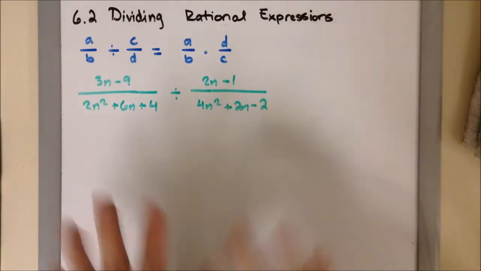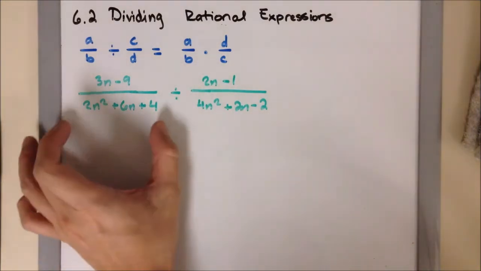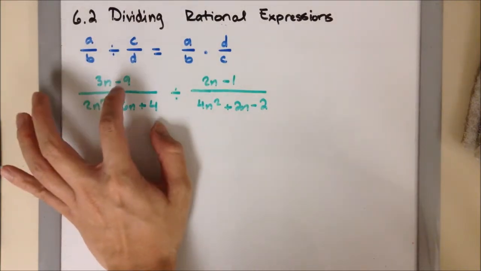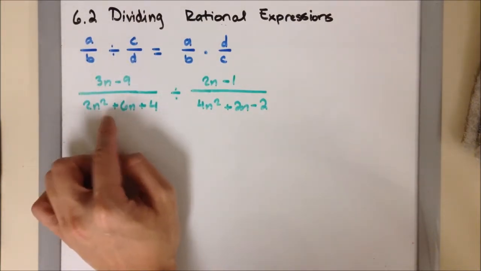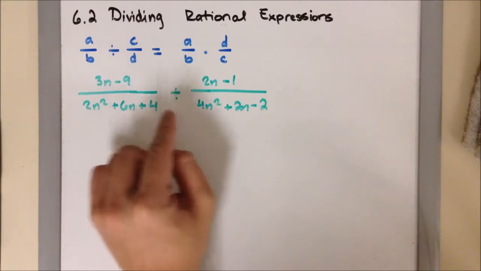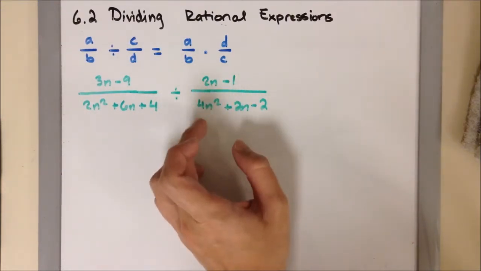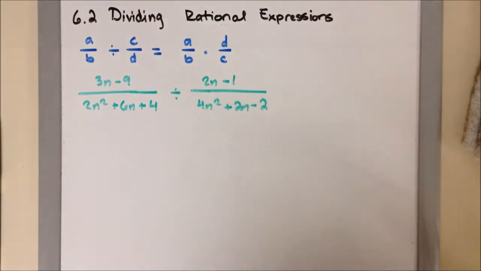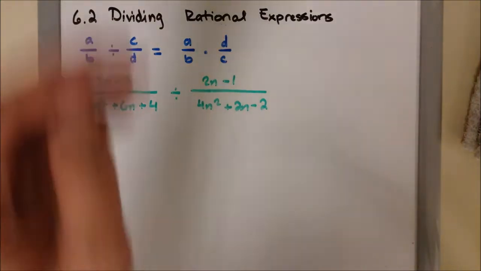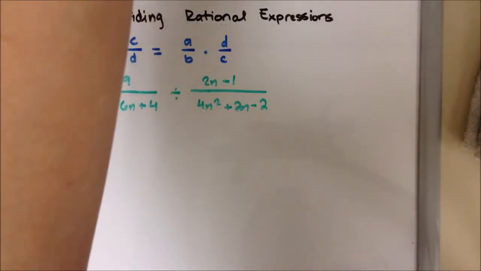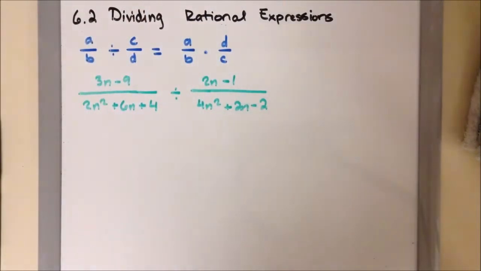In our first example, we have in our first fraction 3n minus 9 over 2n squared plus 6n plus 4, divided by our second fraction 2n minus 1 over 4n squared plus 2n minus 2. When you're dividing, the first step is to convert into multiplying rational expressions.